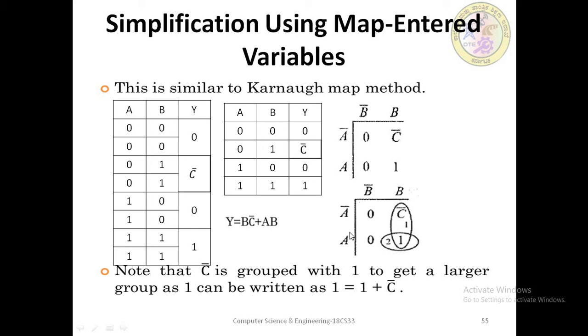Yes, I got that. Here you can see this is a complete term, B C bar, and this is one complete term, right? So AB is this combination. For 1 also we are trying to represent it.